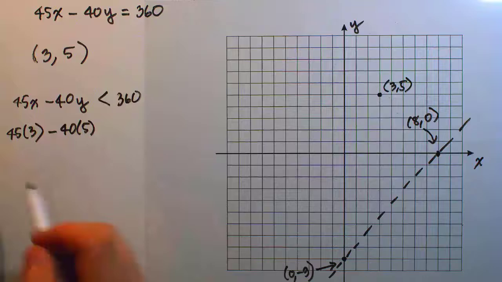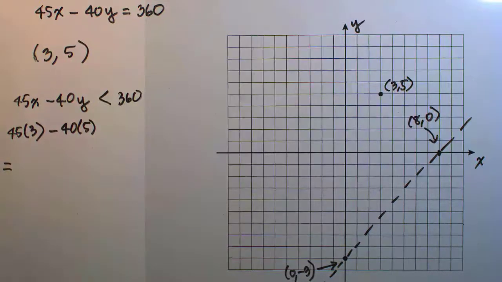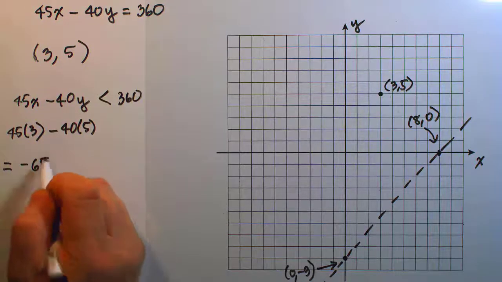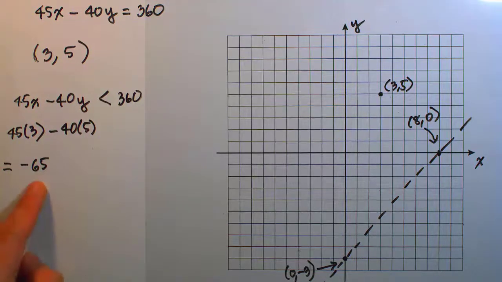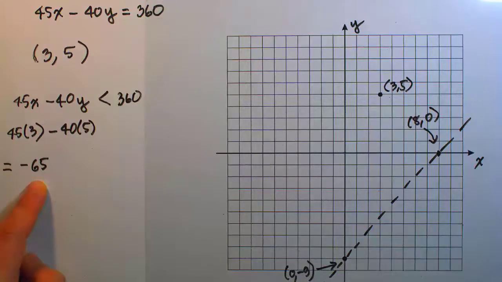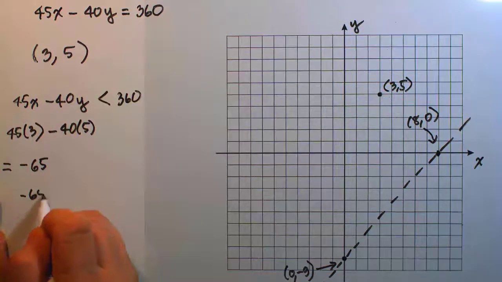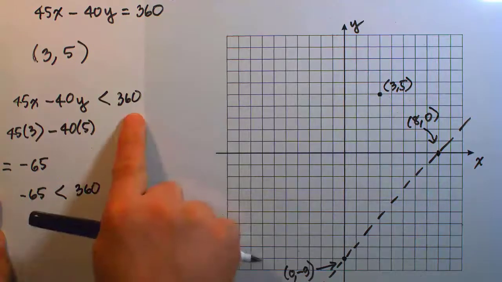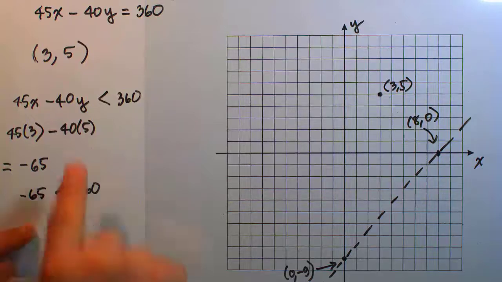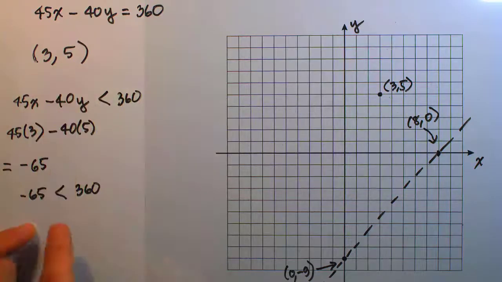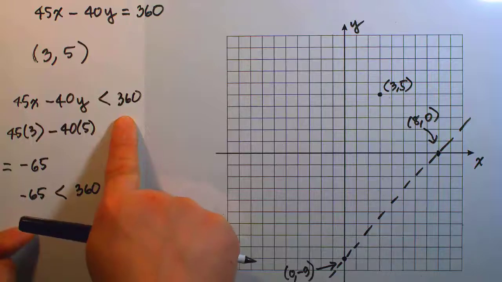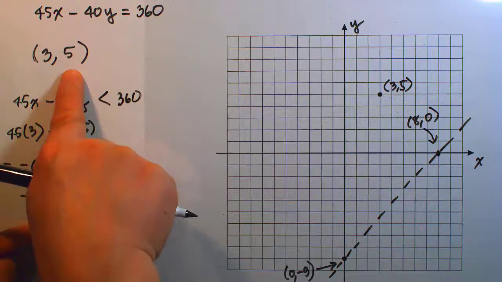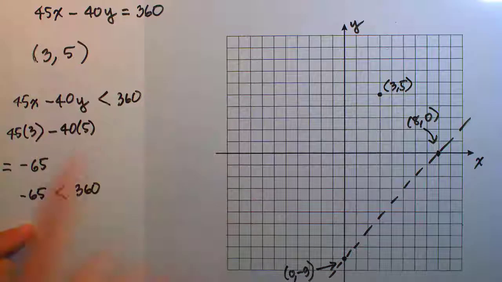This left-hand side gives us, after calculation, negative 65. And negative 65 is clearly less than 360 on the right-hand side of our inequality. So in other words, this testing point we chose satisfied our beginning requirement that the left-hand side with this point substituted in be less than 360.